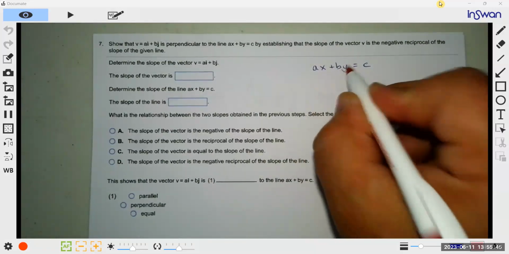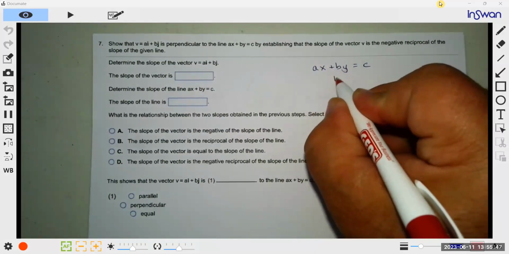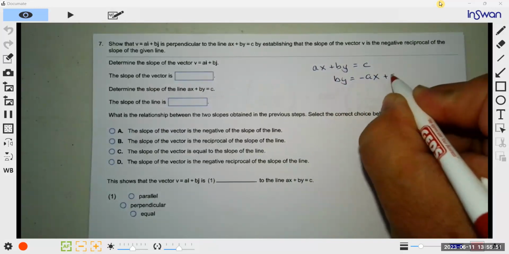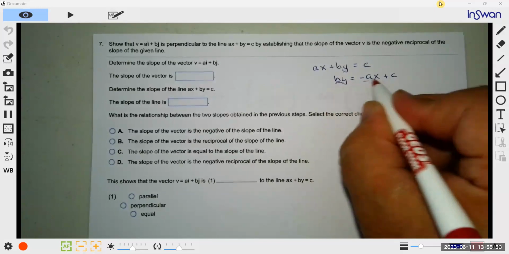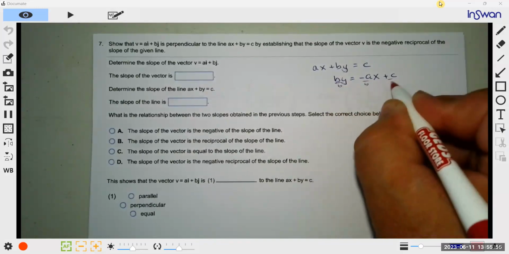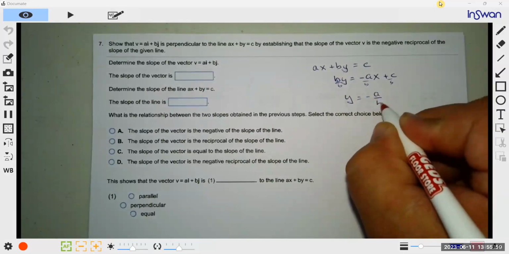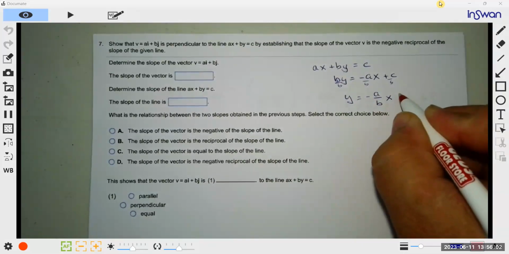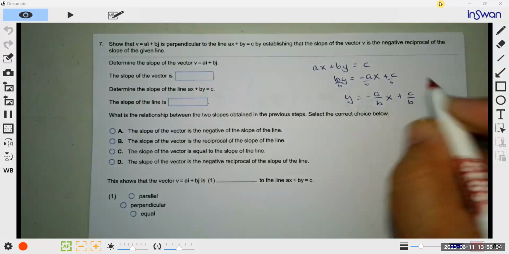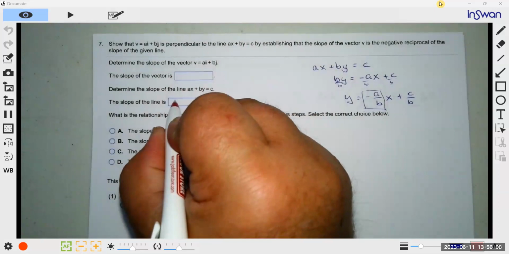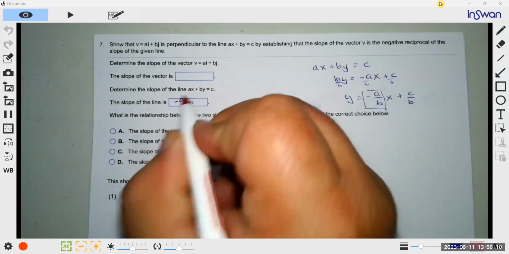This is a linear equation, solve for y. y equals negative ax plus c divided by b. So y is equal to negative a over b x plus c over b. The slope of the line is negative a over b.